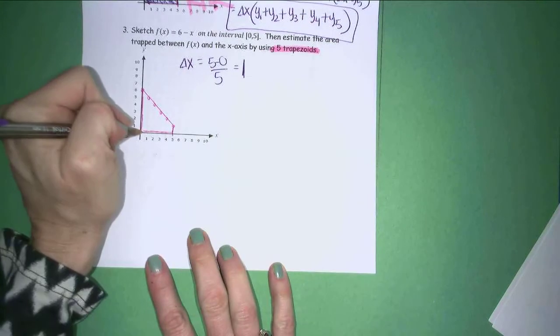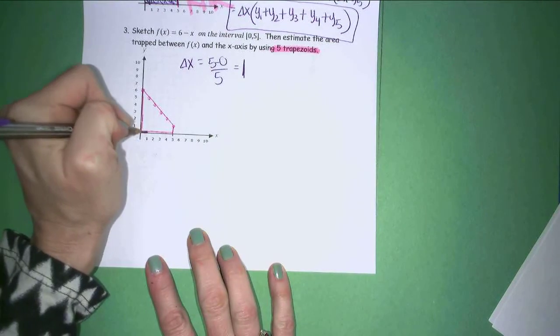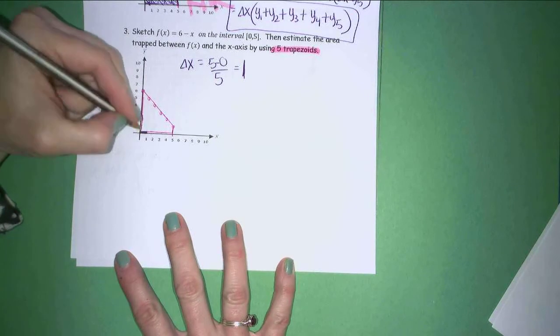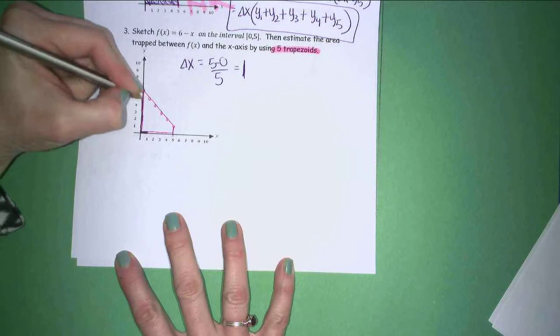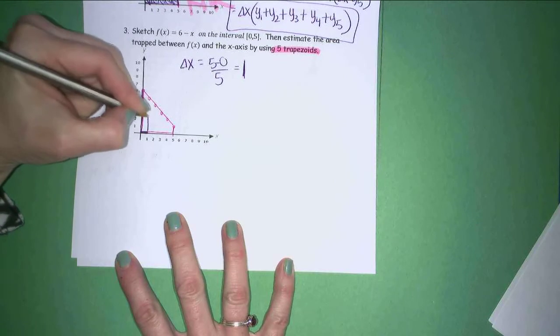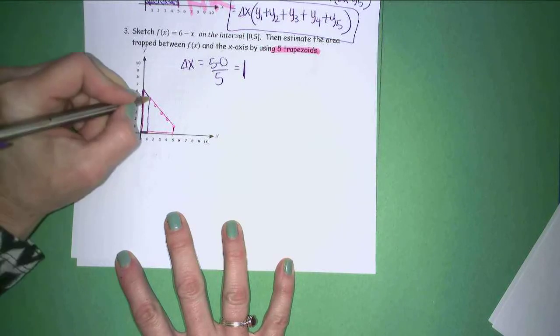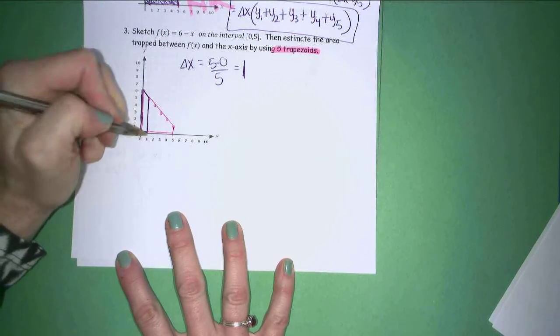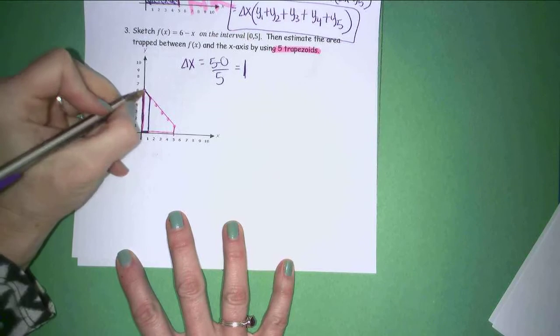So if we go from 0 to 1, to make a trapezoid, you're going to pull up on both. So f of 0 brings you to 6, f of 1 brings you to 5, and you now have yourself a trapezoid. See that? You pull up on both sides of your subinterval. And there's your first trapezoid.